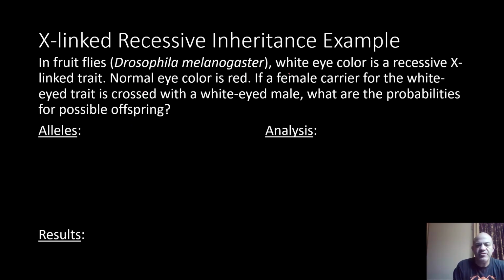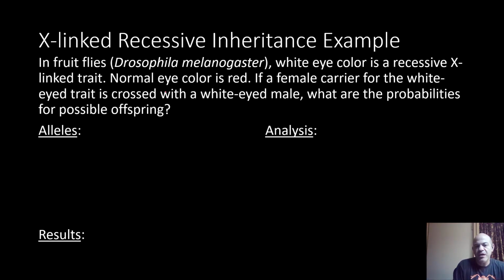In fruit flies, there's a mutation for white eye color, and it's a recessive X-linked trait. So we would see a similar pattern where you tend to have more males than females if you followed a generation of genetic crosses with them, although it is, again, more rare but possible to get females with white eyes.